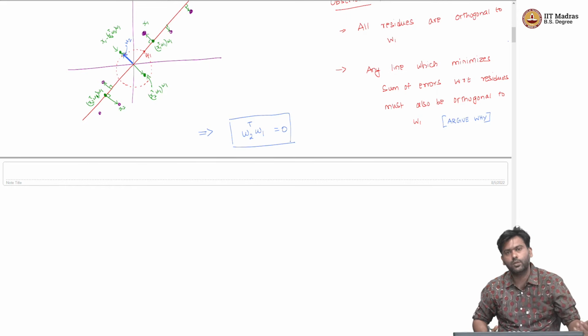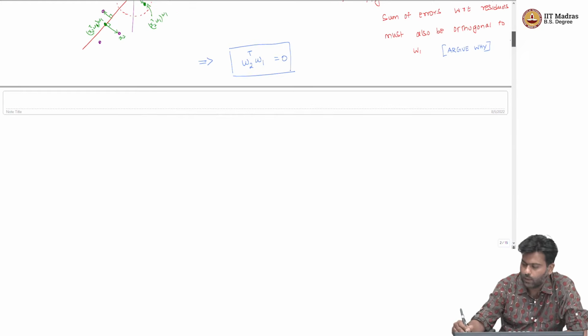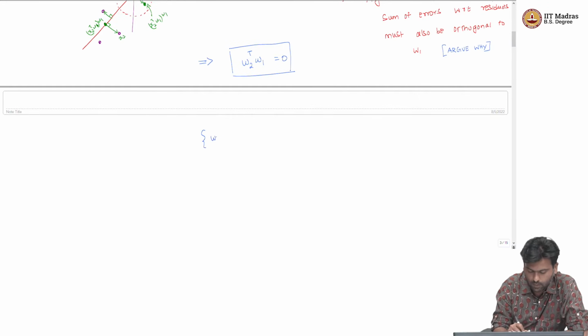You can still continue this procedure, and you might get residue of the residue, residue of the residue of the residue, and so on. And as we keep fitting lines, what we would observe is that we would get a bunch of lines W1, W2, dot dot dot, let us say WD, right.